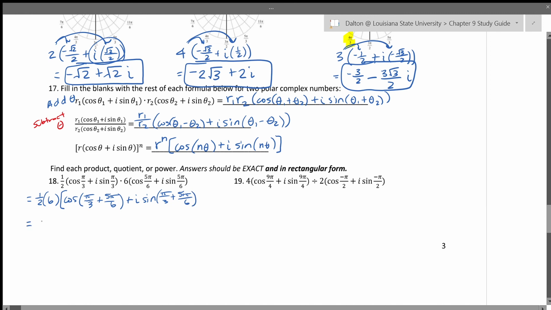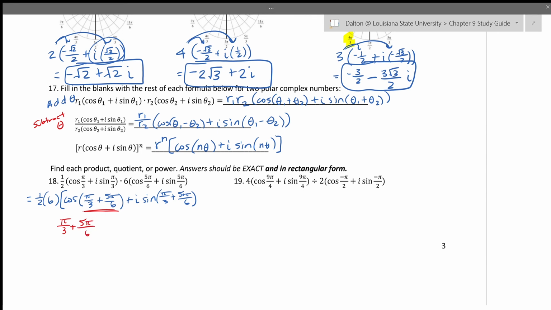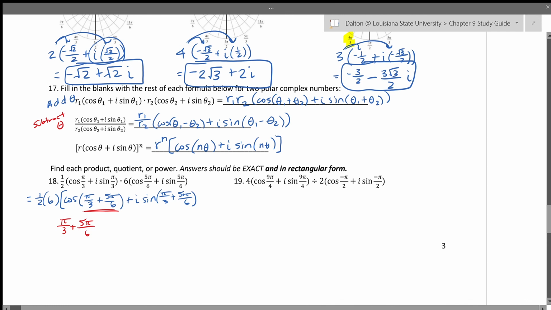So 1/2 of 6 is 3 times the cosine of, actually, before I do that, let me not write everything out in the same step. I want to go off to the side and actually figure out what is pi over 3 plus 5 pi over 6 by hand. If you ignore the pi's for a second and just look at the fractions, 1/3 plus 5/6.